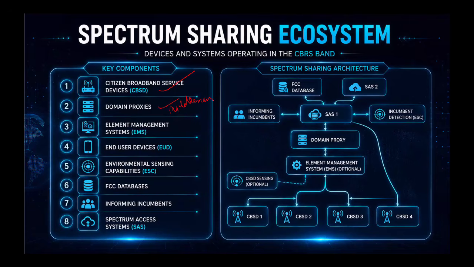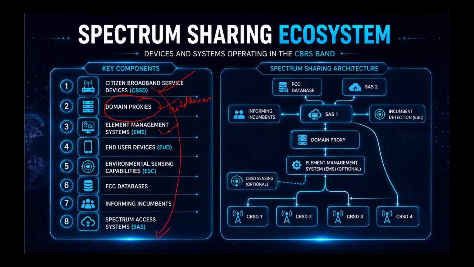Generally CBSDs interact with SAS, but when there are many CBSDs, they don't interact directly with SAS. They interact with SAS with the help of these domain proxies. Then we have the EMS, element management system. It is used to monitor, configure, or manage the CBSDs. This component is optional but very useful.